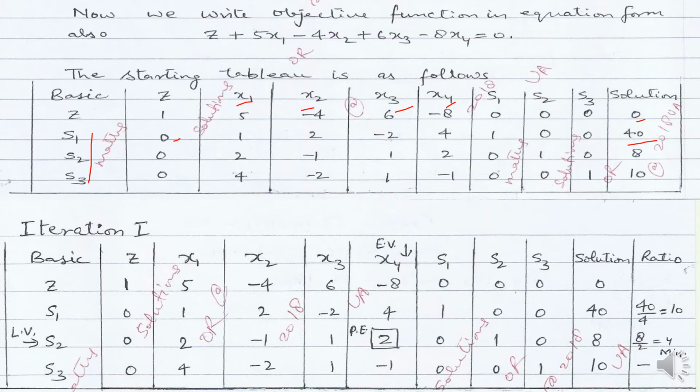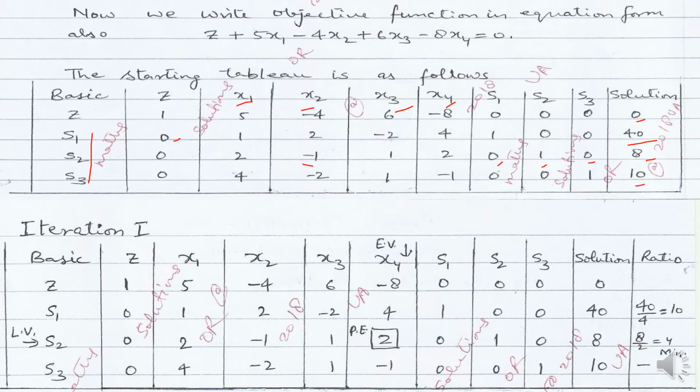In the S2 row, coefficient of Z is 0, x1 is 2, x2 is minus 1, x3 is 1, x4 is 2, s1 is 0, s2 is 1, s3 is 0, and the right hand side, that is the solution, is 8. Similarly, we write down the S3 row with the coefficients of all the variables, and the right hand side is 10.